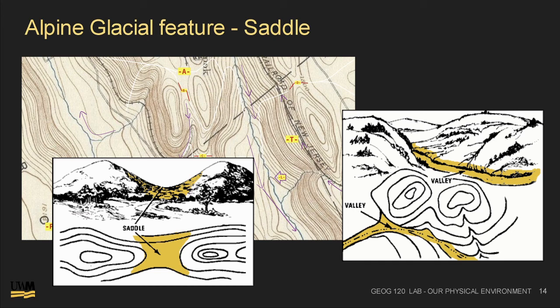They may vary in size, but usually a saddle refers to these smaller U-shaped valleys, like at the top of the Bridal Veil Falls in Yosemite versus in the larger U-shaped valley basin at the base of the falls. So think of a saddle as higher up, like a gap on an arête.